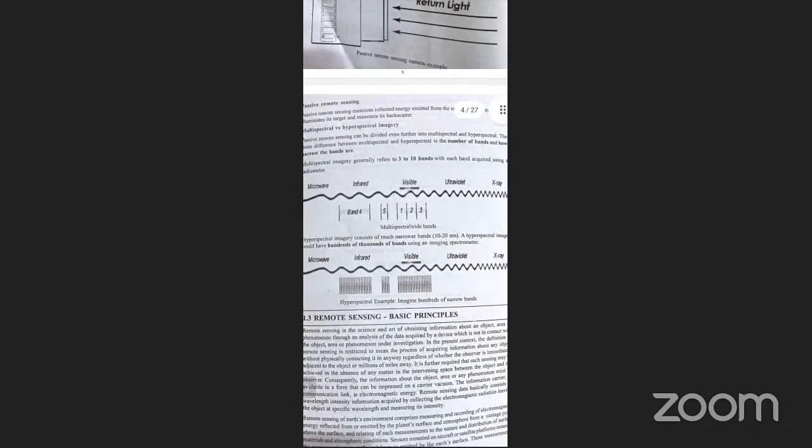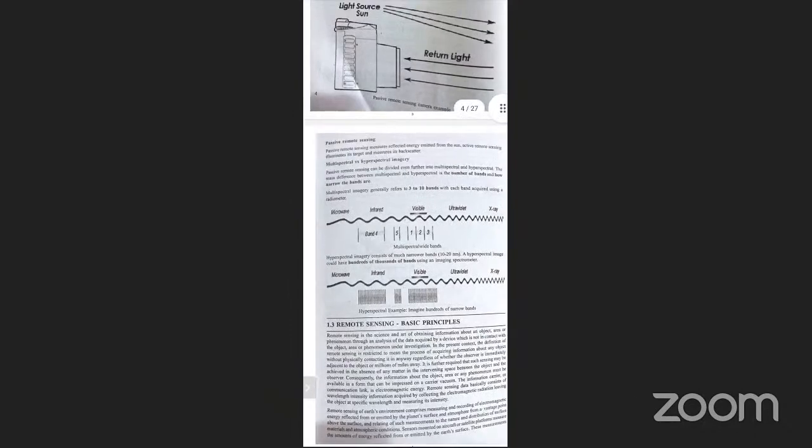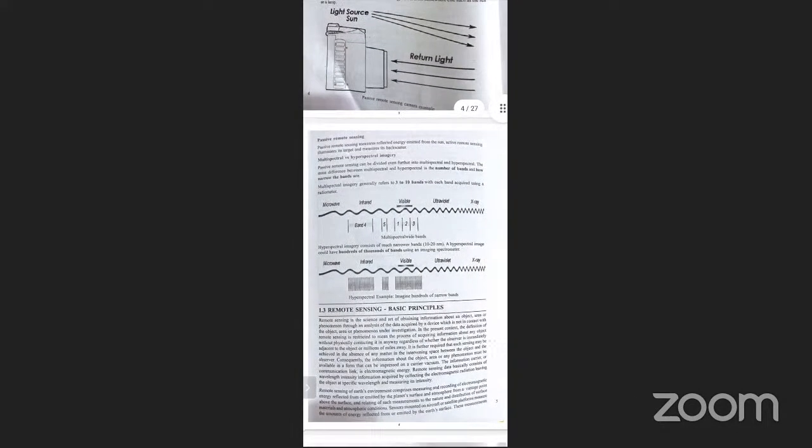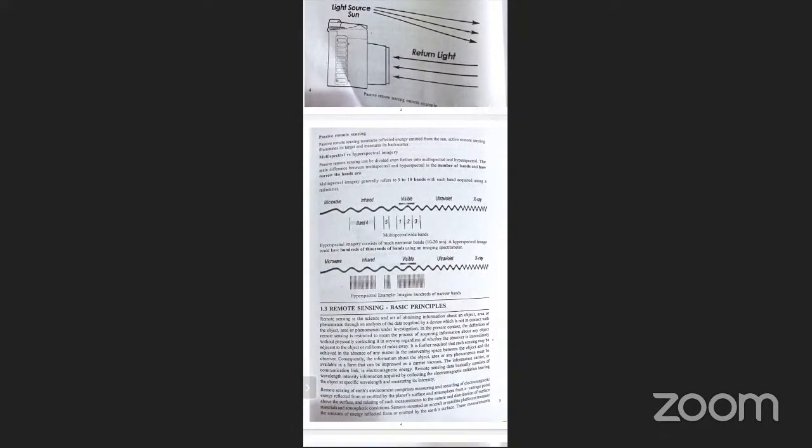The spectrum includes microwave, infrared, visible, ultraviolet, and X-rays. The visible range is indicated here, roughly 0.4 to 0.7 micrometers. The three colors we can see are blue at 0.4 to 0.5, green at 0.5 to 0.6, and red at 0.6 to 0.7.